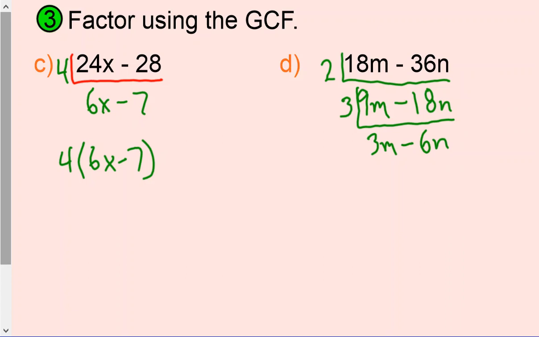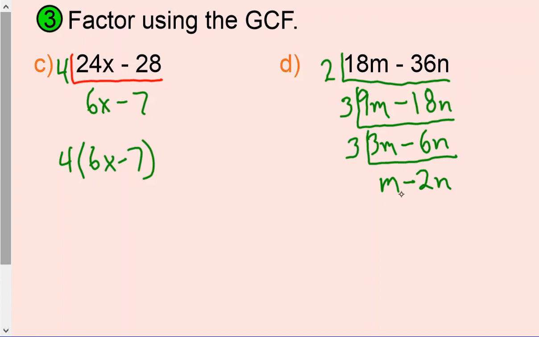And then I see that we have a factor of 3 again, so I'm going to put it in the boat again and divide by 3. So 3m divided by 3 would leave us with m, and negative 6n divided by 3 would leave us with negative 2n.